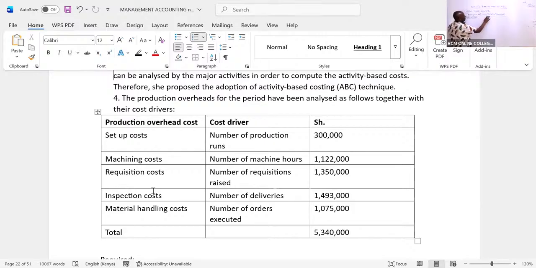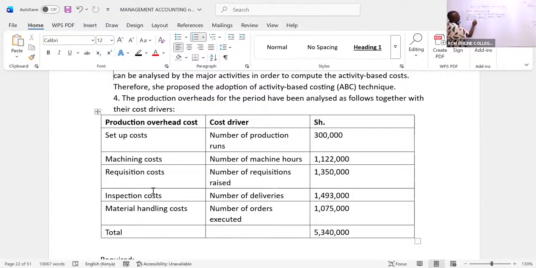So remember these cost drivers. You shall be doing this for sofas, for tables and the beds. So we start with setup costs.